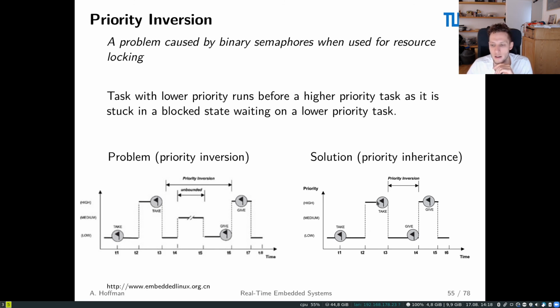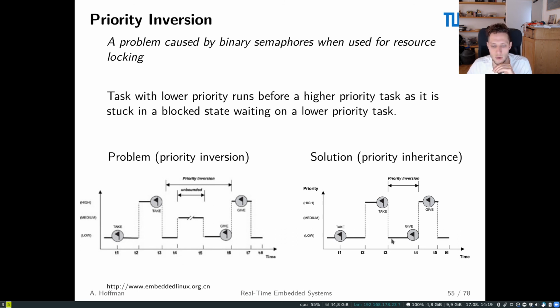Therefore, when the high priority task blocks and surrenders the CPU again to the low priority task, it will continue executing. And at this point in time, like T4, when this medium priority task tries to start up, it won't happen because the low priority task has a virtual high priority. The medium priority task can no longer preempt it, and so we won't get this priority inversion or this preemption from the medium priority task.